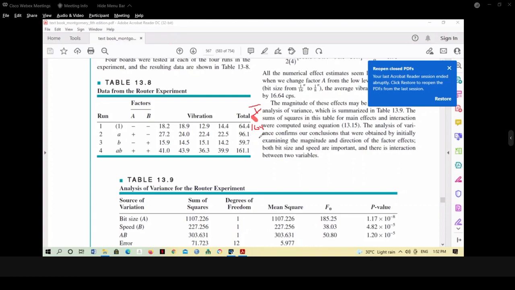This one, 96.1 divided by 4, is 24.0. Then 59.7 divided by 4 is 14.9. And finally 161.1 divided by 4 is 40.3.